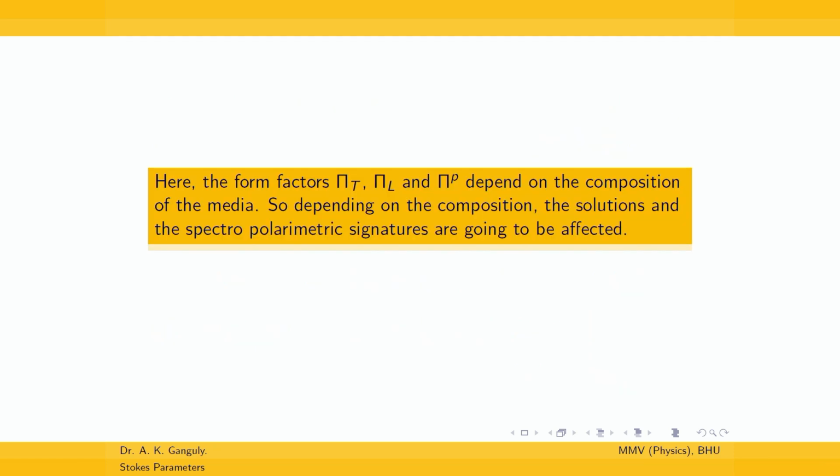And each one of these form factors depends on the constituents of the media, and depending on the composition, the solutions are going to be dependent, and if the solutions are dependent on them, then the variables that describe the spectropolarimetric features should also be dependent.